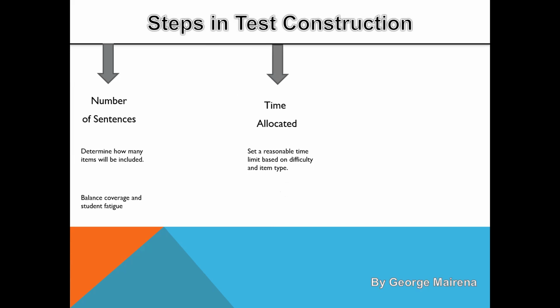For example, you've got a test to measure grammar and vocabulary, okay? You have two sections, right? In the grammar section, the item type says, complete the sentences with the correct form of the verb, okay? And we've got 5 sentences. That would be the number of sentences, 5, right?